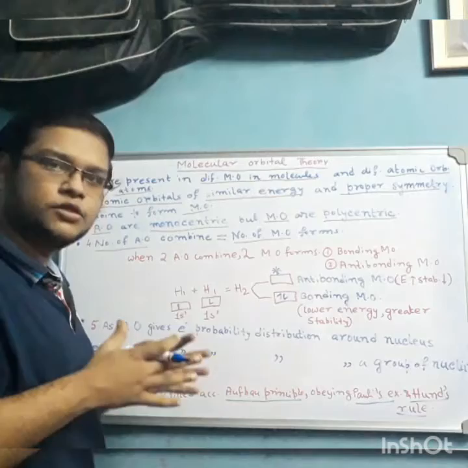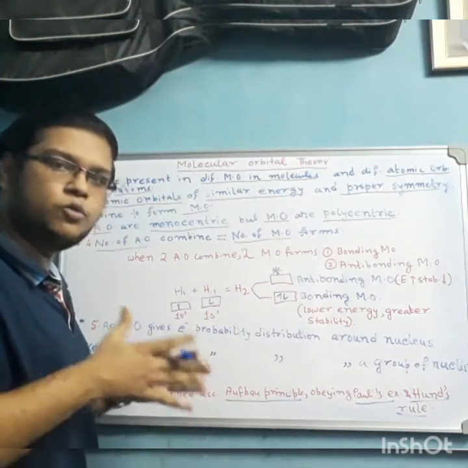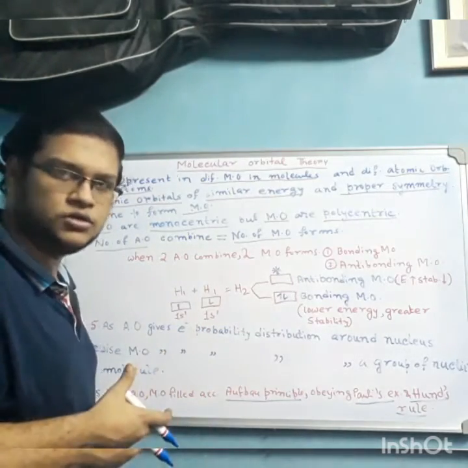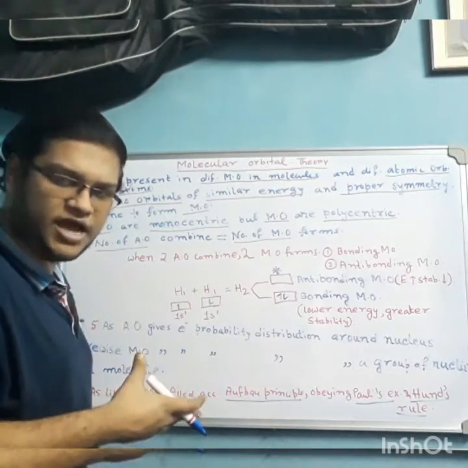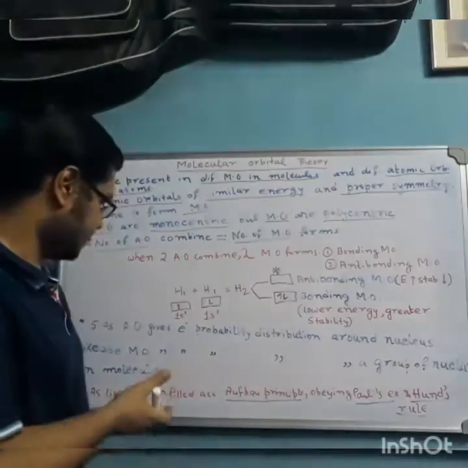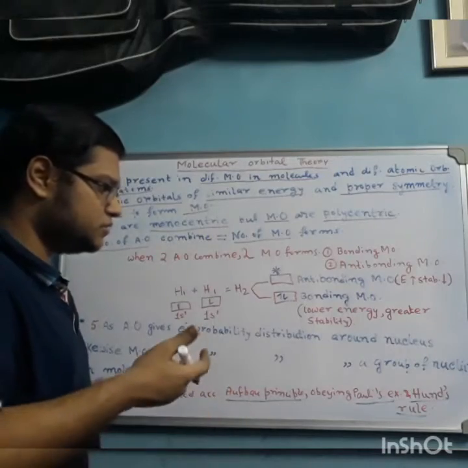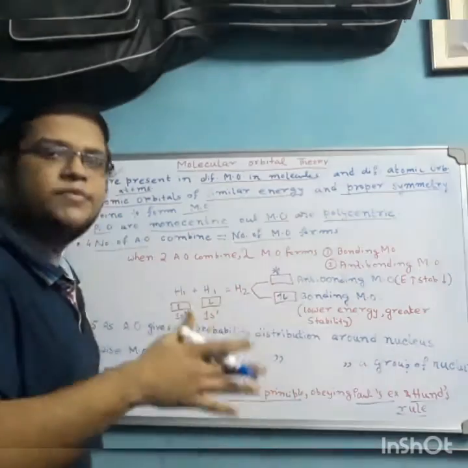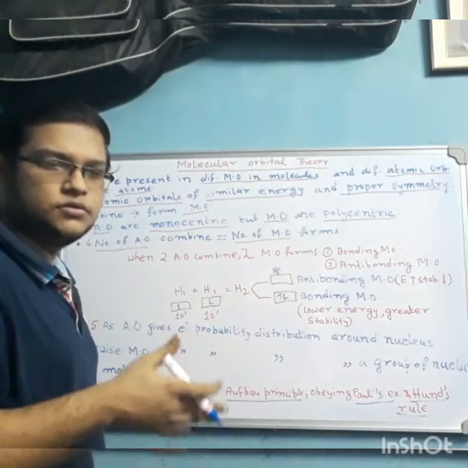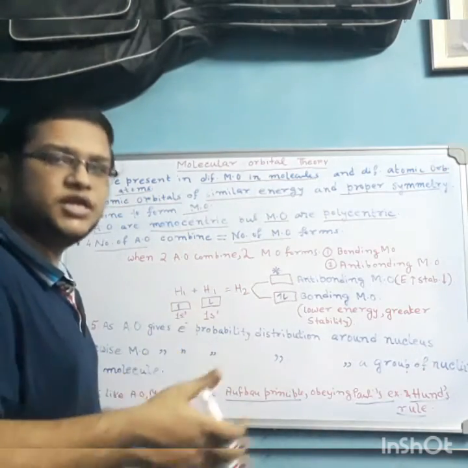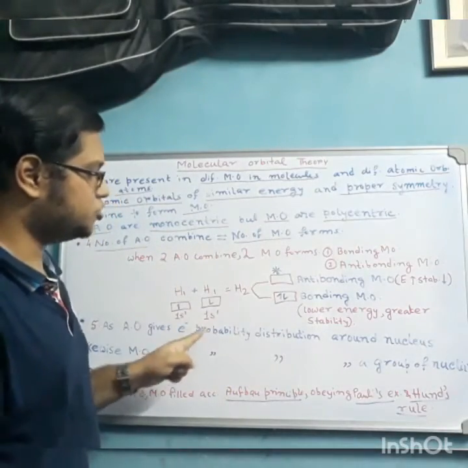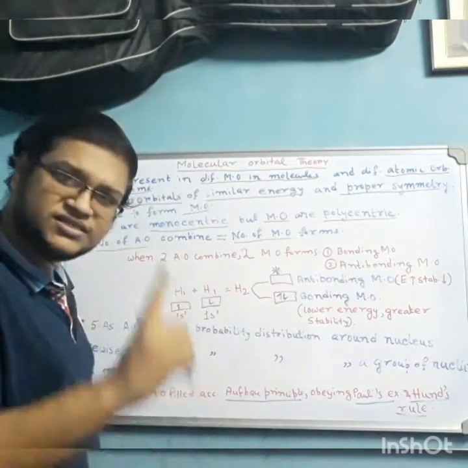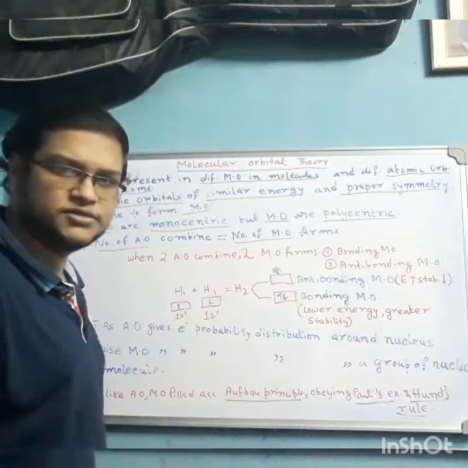Orbitals are those spaces where the probability of finding an electron is very high. In the case of atomic orbitals, the electron probability distribution is around a single nucleus because each atom contains one nucleus.